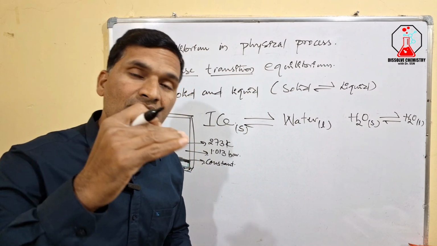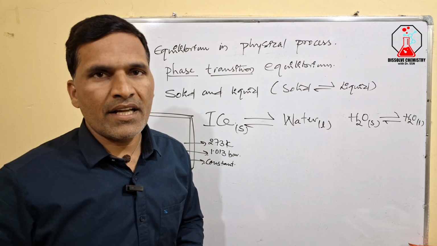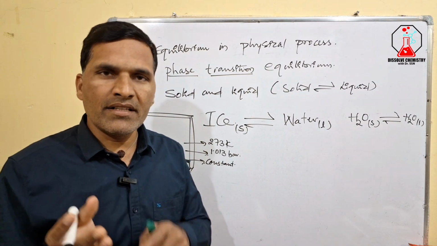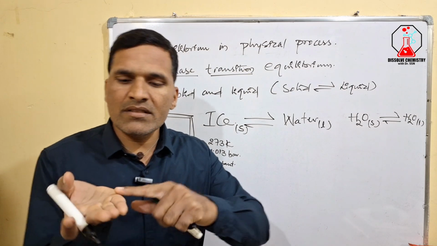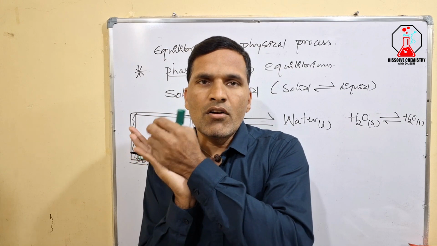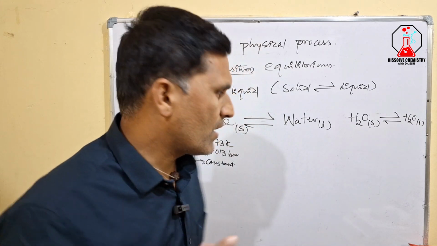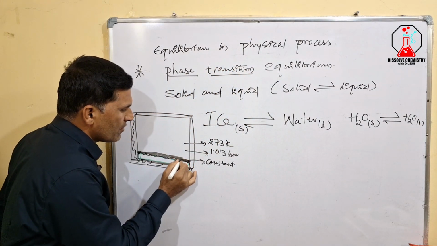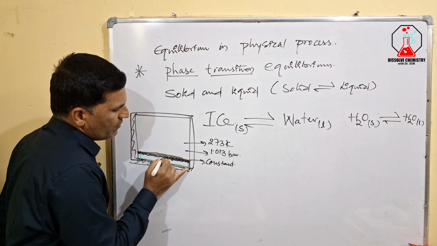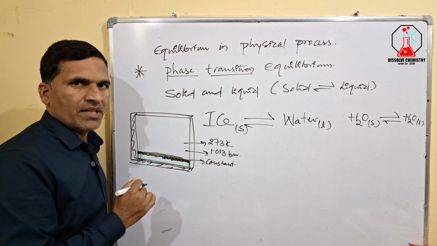Now at the equilibrium, what exactly happens? At the surface, a lot of activity is going on at the interface. Interface means solid and liquid, where exactly they are contacting with each other. There, a number of molecules in the liquid phase are going to condense back to form the solid state over the surface of the ice.